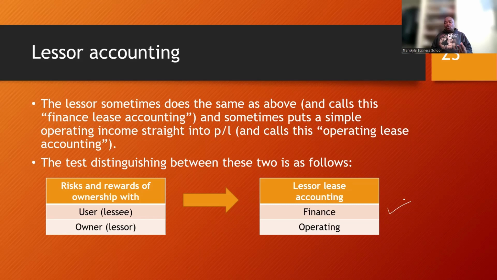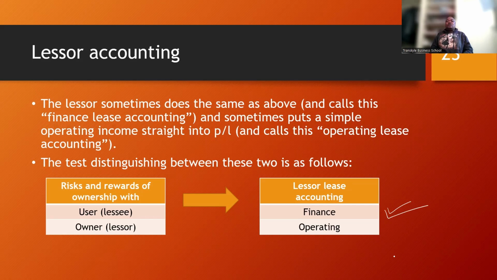Remember, it is the lessor who is allowed to make the distinction in his books whether he treats the lessee as a finance lease or an operating lease. If the risks and rewards are being transferred to the lessee, then that is a finance lease.